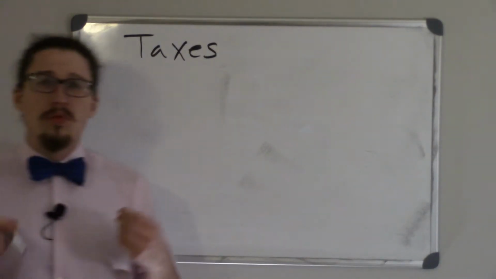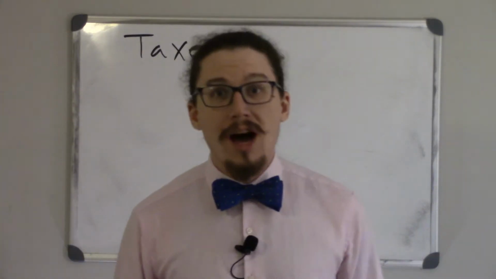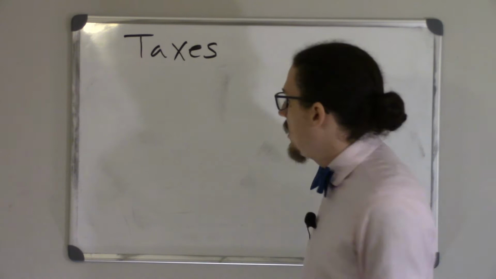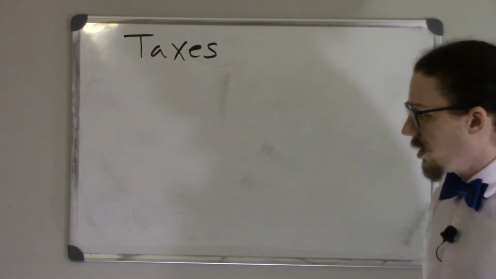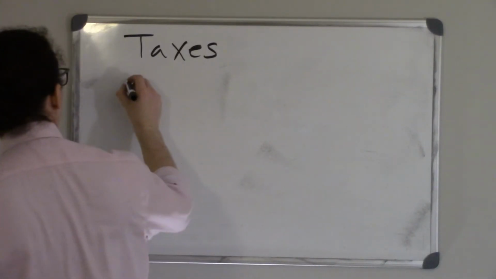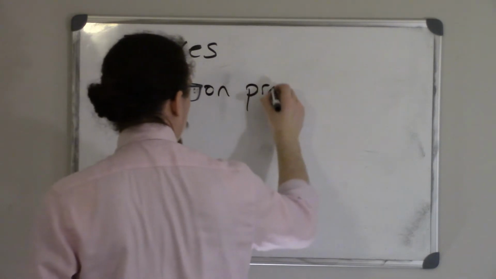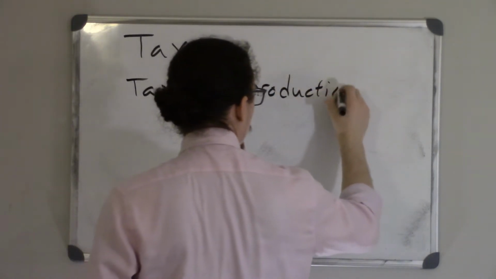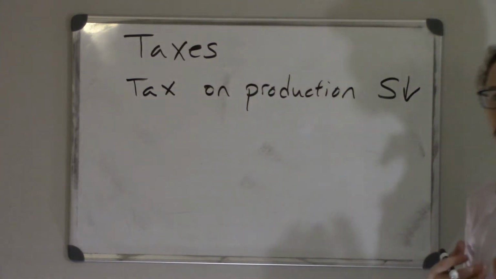All right, so for taxes and subsidies, they're different things, kind of the opposite things, so they're going to act differently. We'll go ahead and do these one at a time. Starting with our taxes, if a tax is placed on the production of a good, supply is going to decrease.